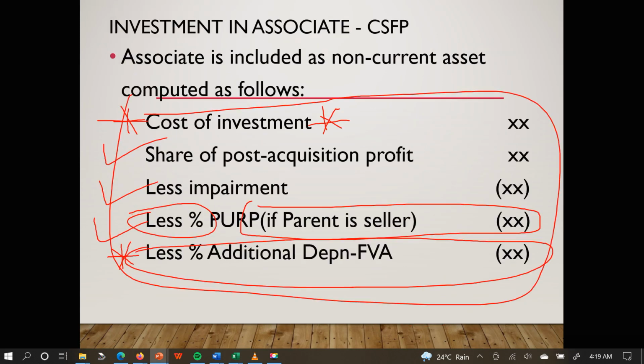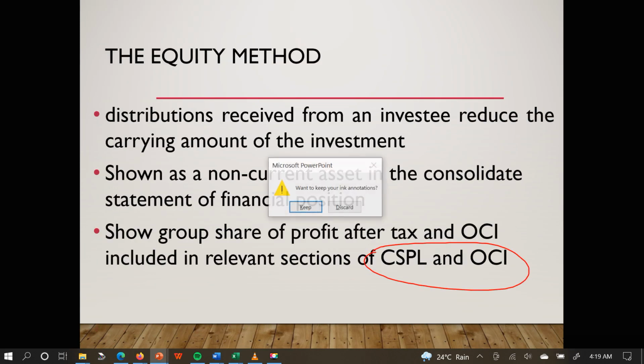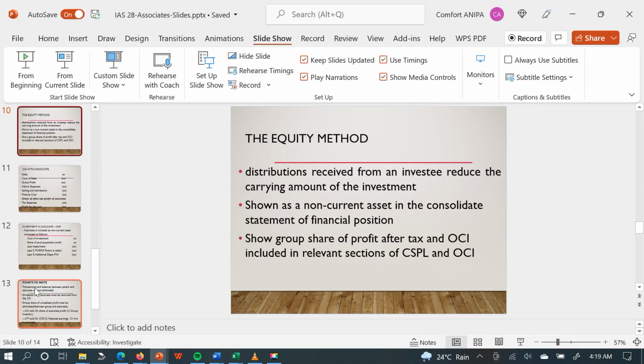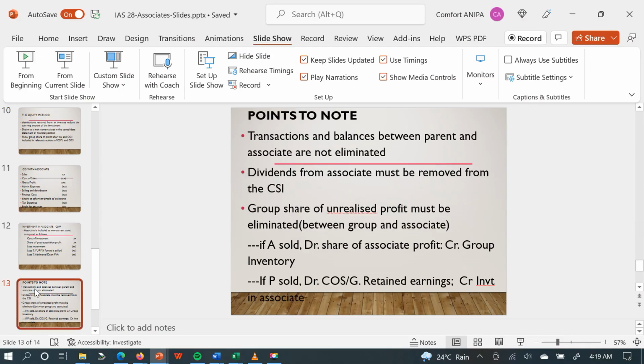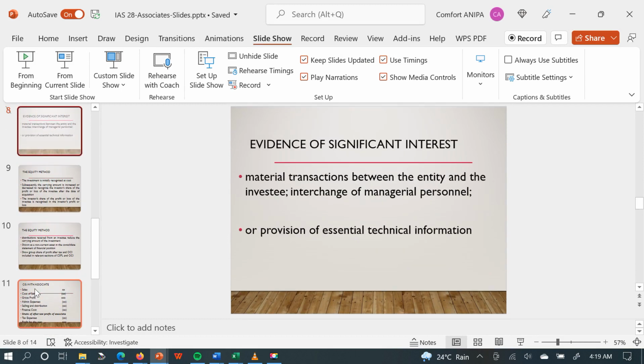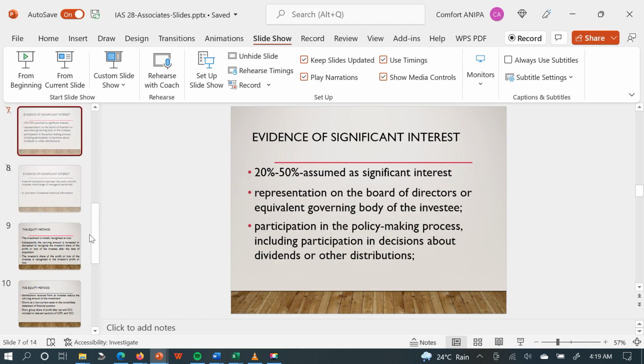There is something I want to highlight. When you are dealing with an associate, remember it is because of significant influence. And I have mentioned again and again that you need to read on the evidence of significant influence. 20% to 50% is presumed to be significant influence.